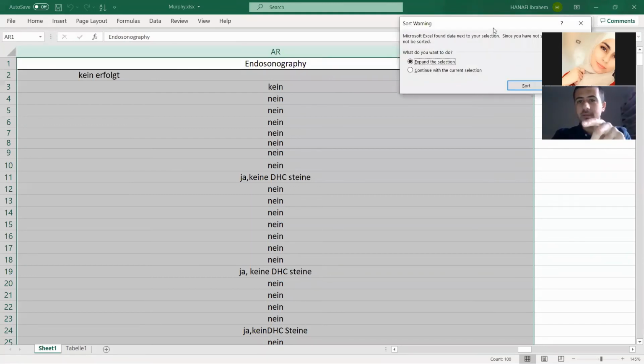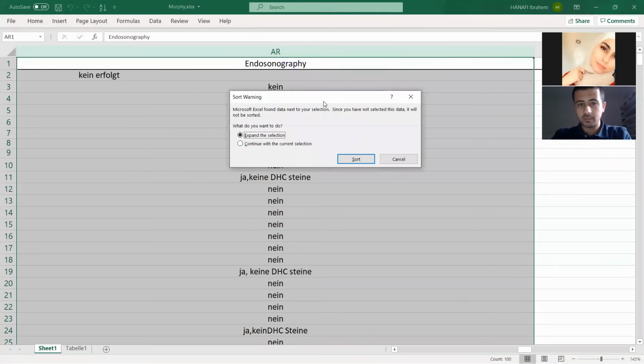But this is the most important thing: if I use this, say goodbye to your Excel sheet. Why? Because it will sort that column and it will mix the observations.